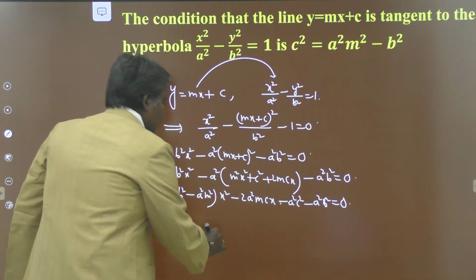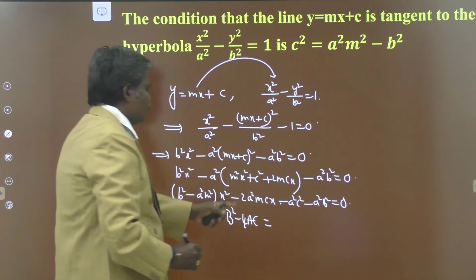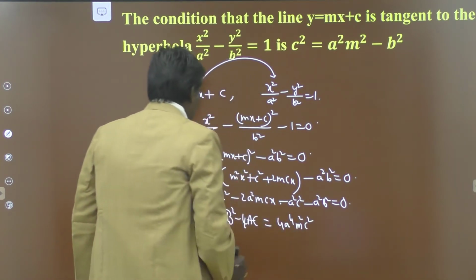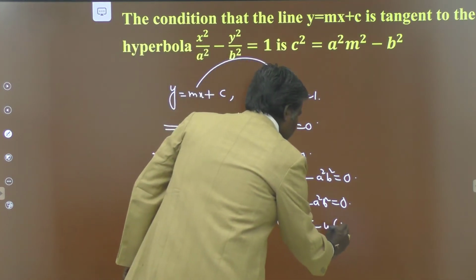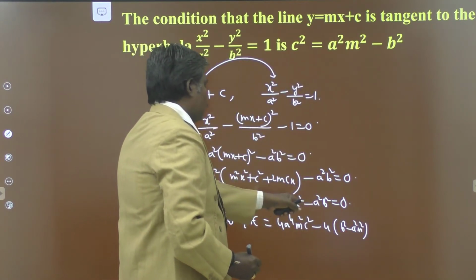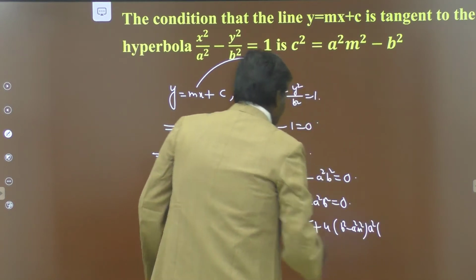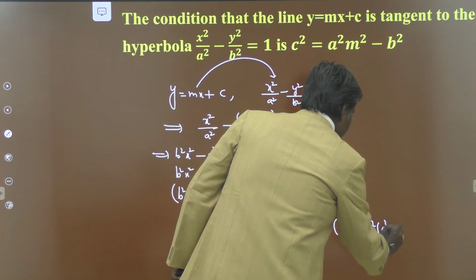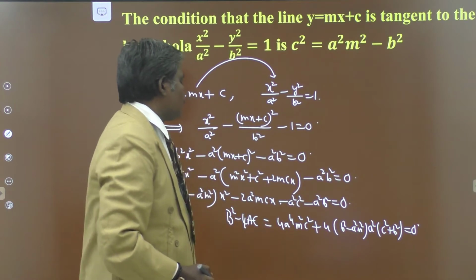Let us find its discriminant, that is b square minus 4ac, which equals 4a power 4 m square c square minus 4 times (b square minus a square m square) into (minus a square c square minus a square b square). Minus of that minus gives plus, a square into (c square plus b square), equals 0. b square minus 4ac equals 0.